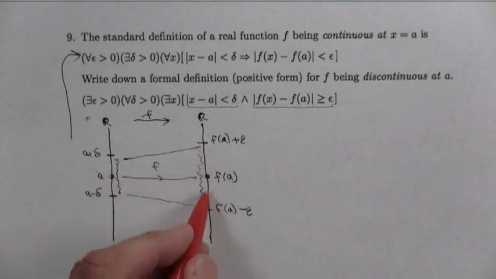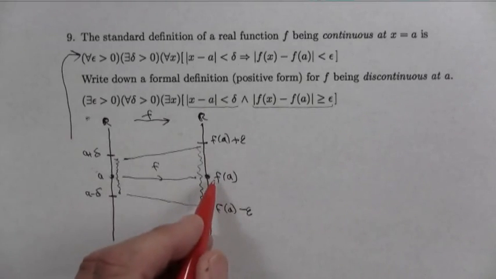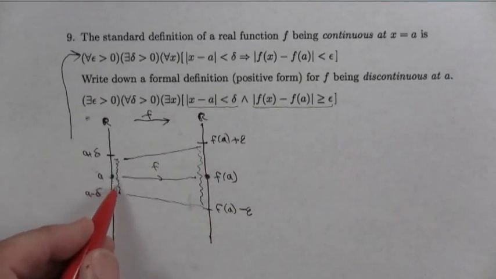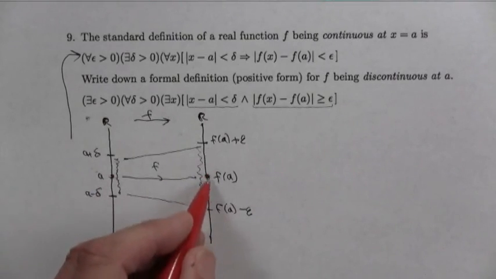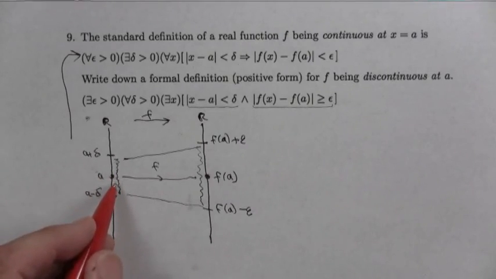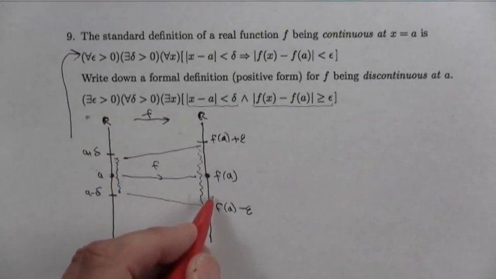If I want to hit the target within a specified accuracy of f of a, I can always do it by starting out within an interval of a. So to get within a given interval around f of a, I can always find an interval around a that does it. So everything from here gets sent into here.